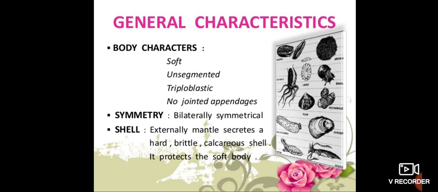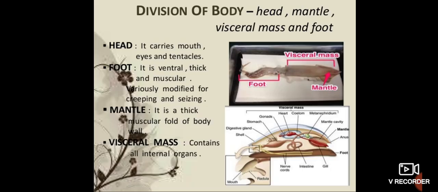Externally, the shell is formed on the soft body, which actually formed from a mantle. The mantle secretes a hard, brittle, calcareous shell. This shell protects the soft body. Regarding the division of the body, there is a head, a mantle, visceral mass, and a foot.